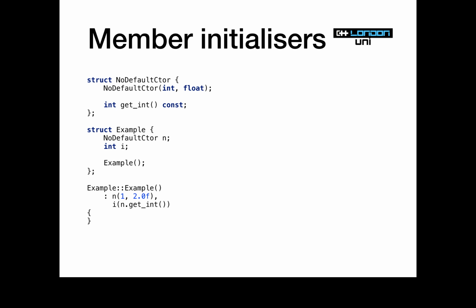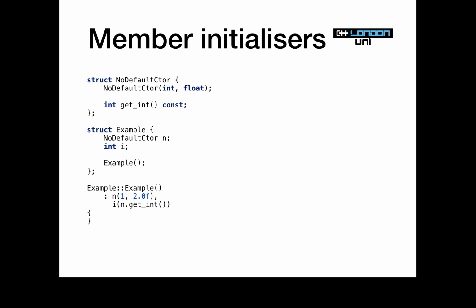Yeah? Please forgive me, I was looking at something on my phone. I kind of missed the point of why we have a member initializer. What problem does it solve? It solves two problems. Firstly, the members have to be fully constructed by the time we get into the constructor body. So there are two ways of doing it.